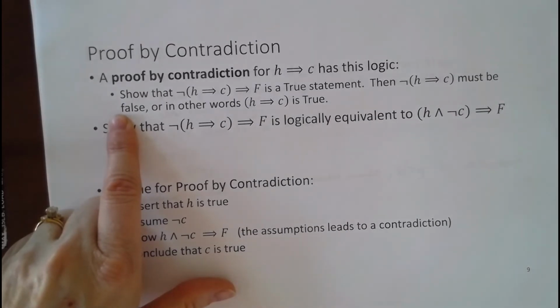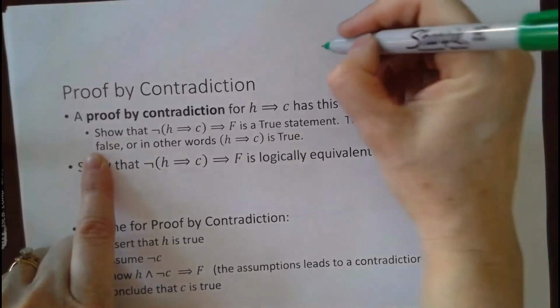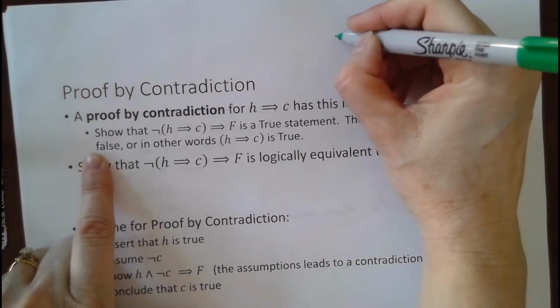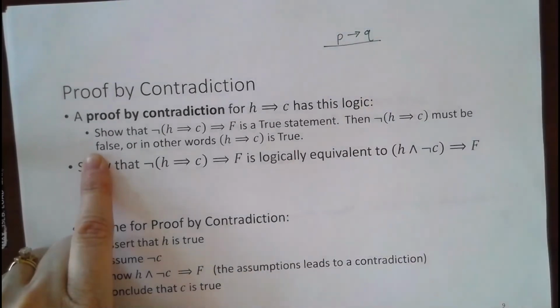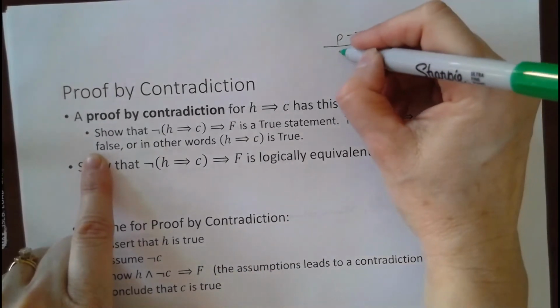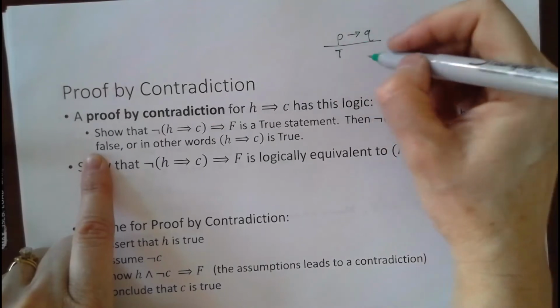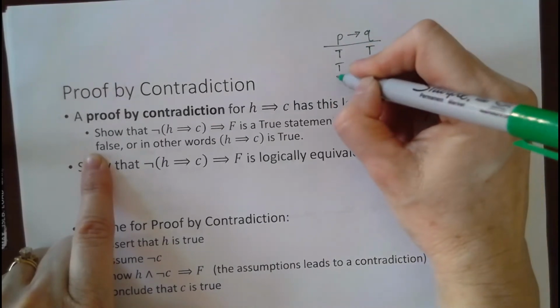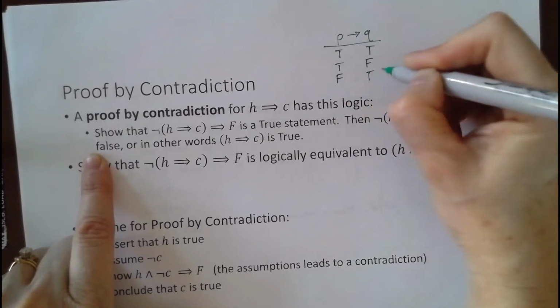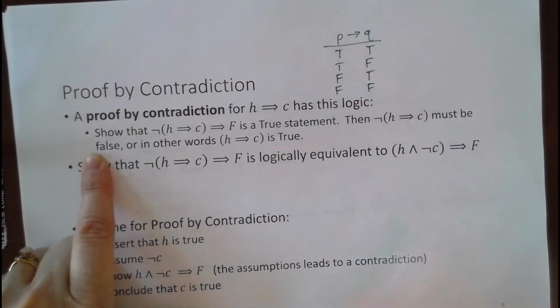Everybody there? Okay, if I've got a truth table and I'm doing P implies Q, I still see puzzled looks, so we're going to do it. I have true implies true, I have true implies false, I have false implies true, I have false implies false.